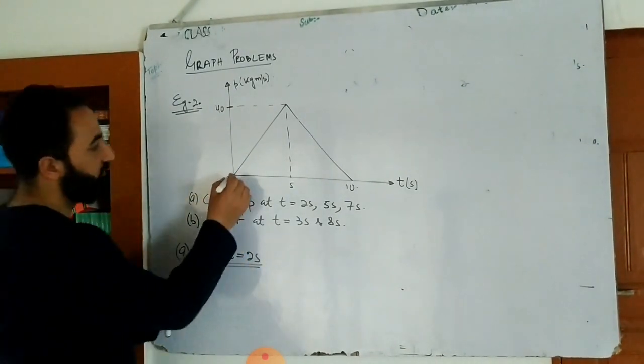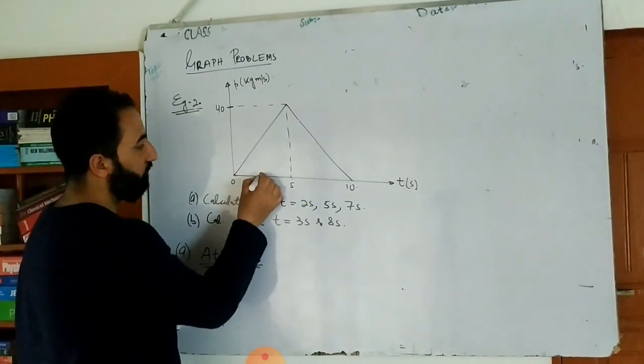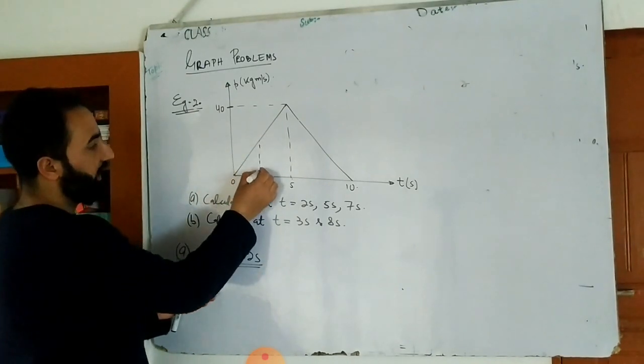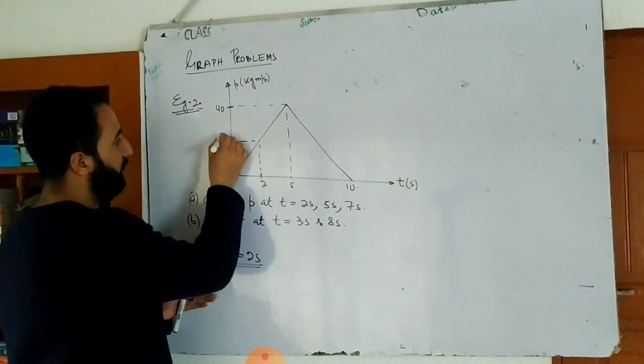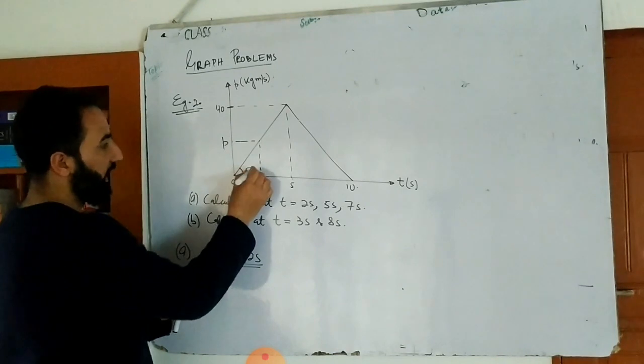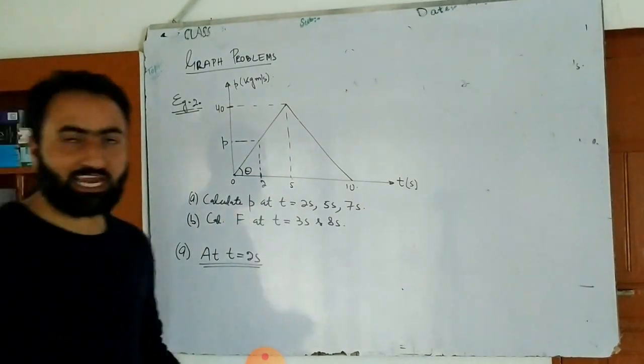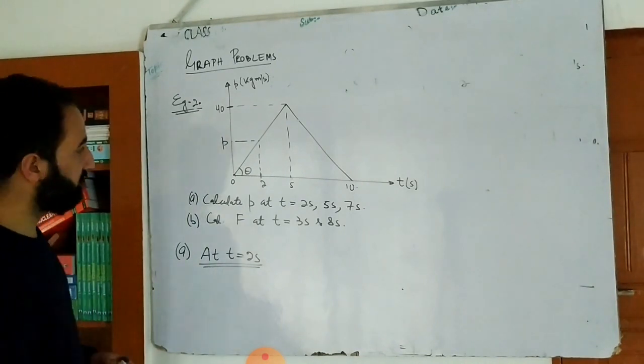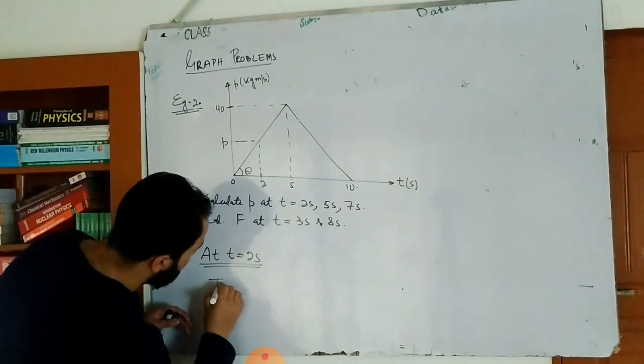Okay, so simply if this is 0, this is 5, 2 will obviously be somewhere in between 0 and 5, isn't it? I will draw a perpendicular line, and the momentum here will be like this. So we have to calculate this P. Now take this angle as theta, then calculate tan theta in the छोटा triangle and in the बड़ा triangle. So from there you can calculate the value of P. Okay, obvious. Now here what I will write down is tan theta.